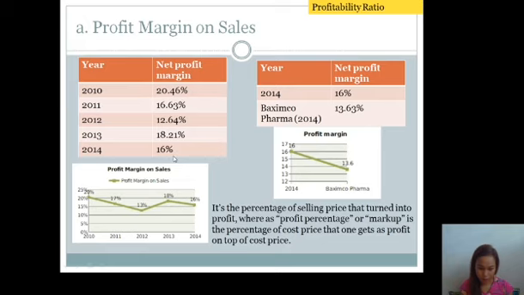That can give wealth for the company. In 2012, it was lower than other years because in this year net income was lower compared to other years. On the other hand, when we compare this ratio with Semco Pharma, this shows better than that. From 13.63, the Linde company is at 16%.